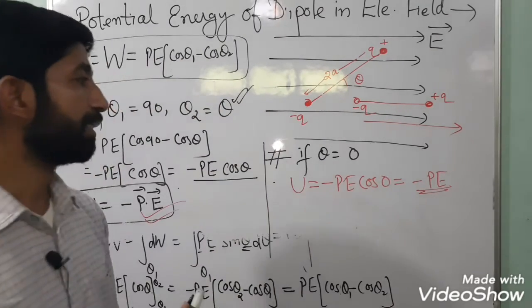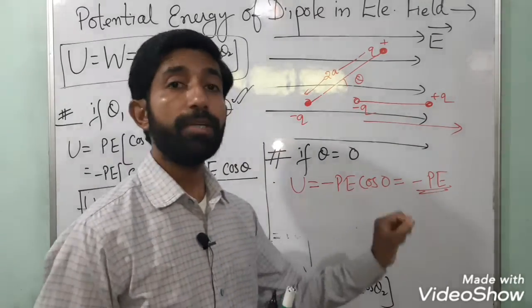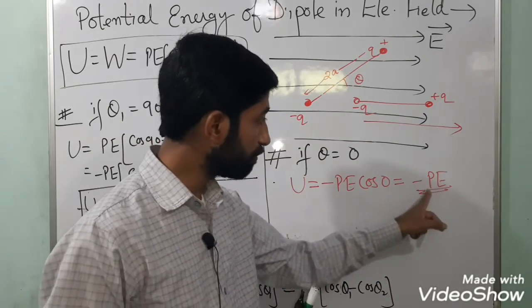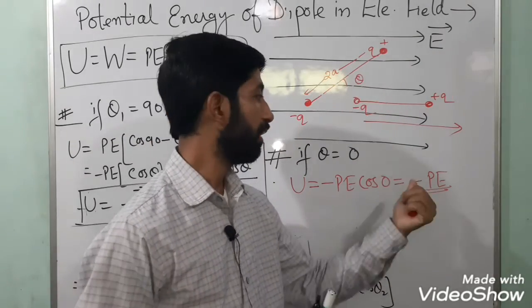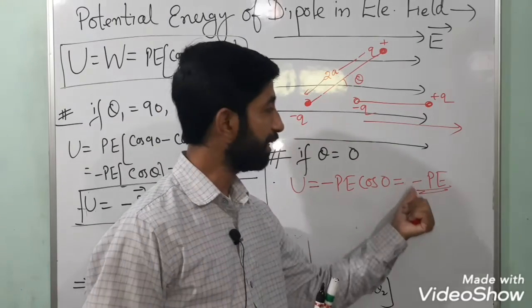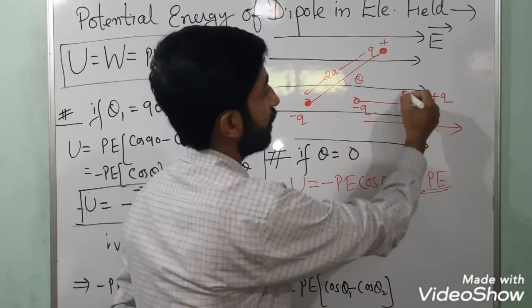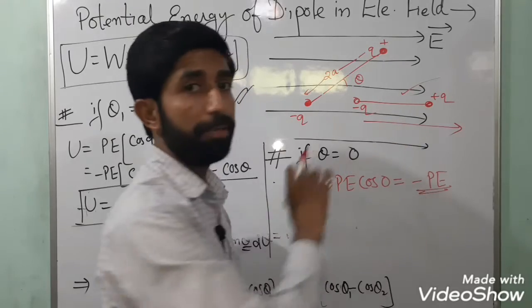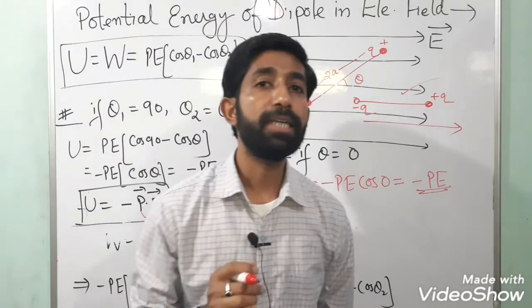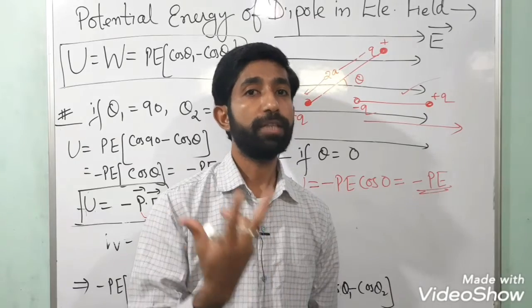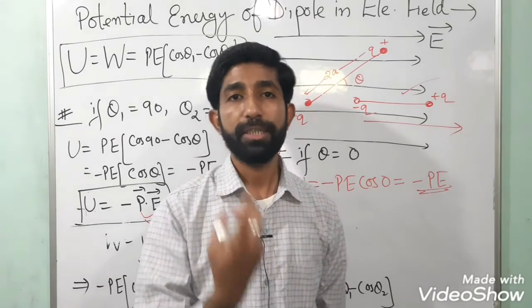This is the minimum value of the potential energy, because these two terms have their maximum value along with this minus. It indicates the total potential energy of the dipole in this orientation will be minimum, and if anybody has its potential energy minimum, the system becomes most stable.